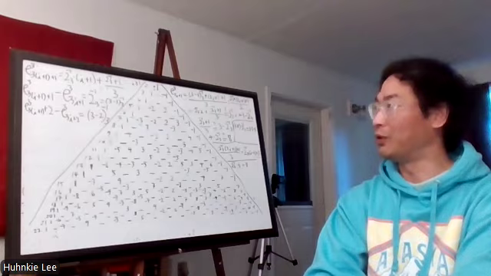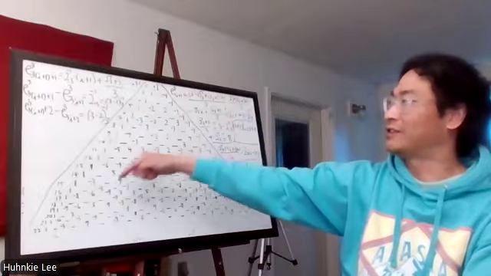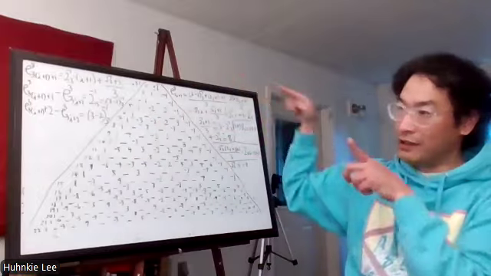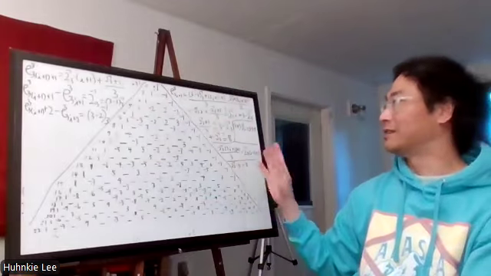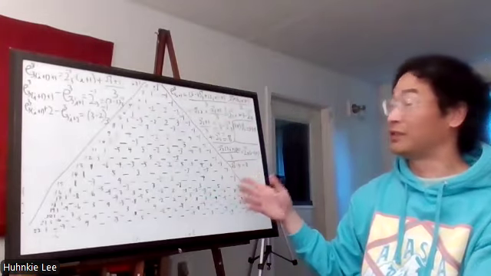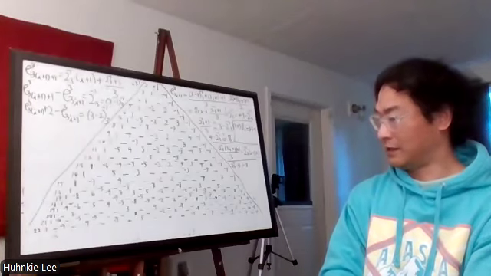There's a little bit more to do though. Like going down this direction, the left diagonal, that's that. But the right diagonal is the same, because it's symmetric.